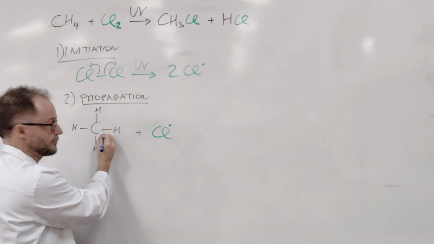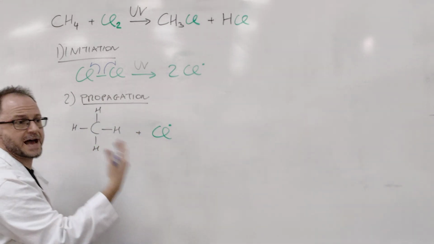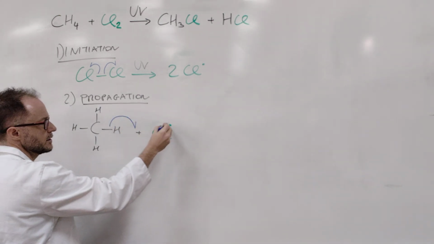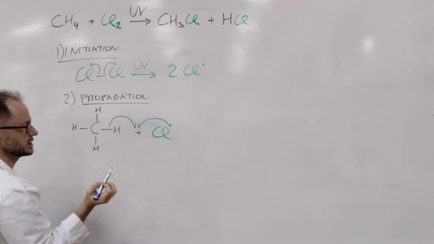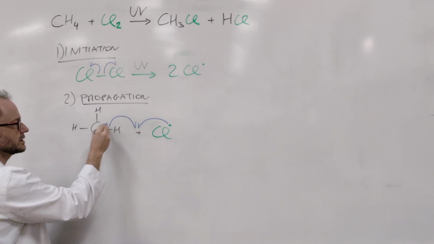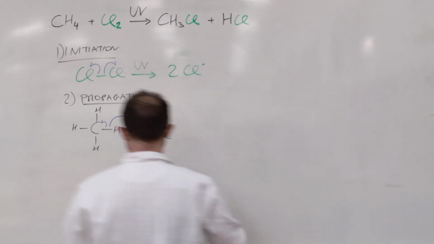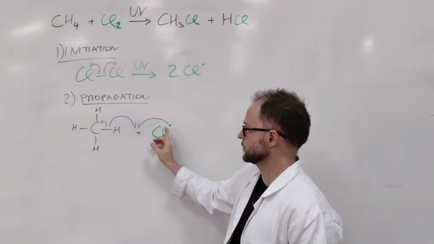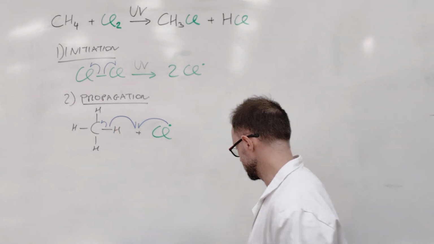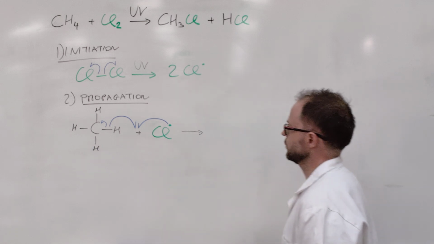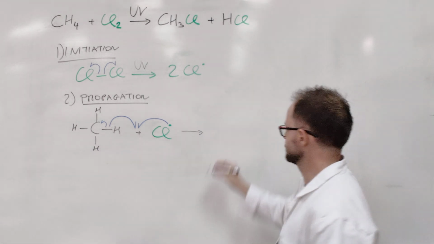That line represents a single bond, which is a pair of electrons. So one of them moves into this shared space. This electron moves into that shared space, and this electron here remains on the carbon. Now, one electron and another electron are going to make a single covalent bond. So let's draw the result of this.